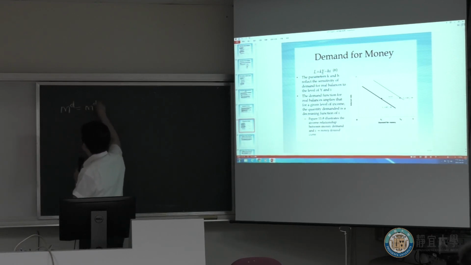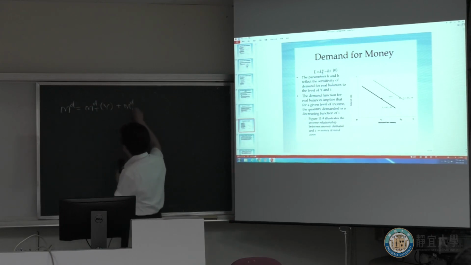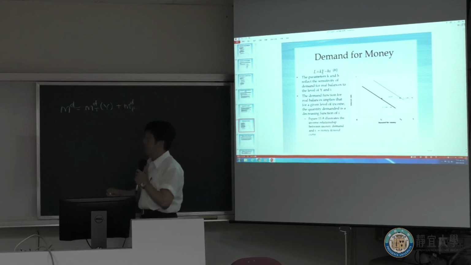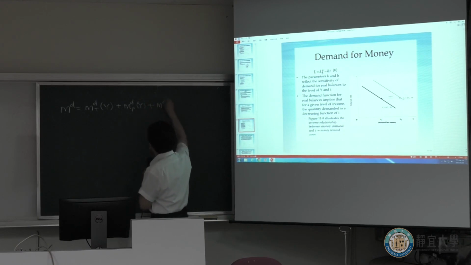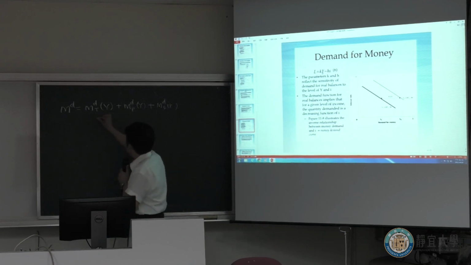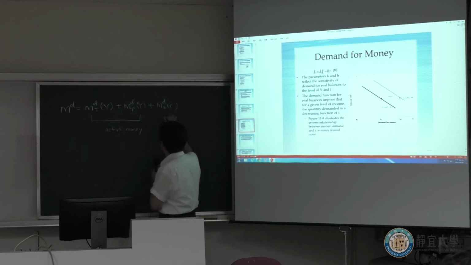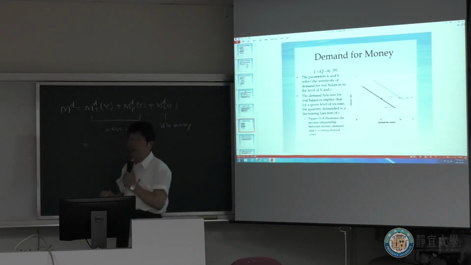Actually, there is money for transactions, and the other for precaution, which also depends on Y, and this is for speculation, depending on the interest rate, okay? So these two things we can call active money, okay? And this one we can call idle money, okay?